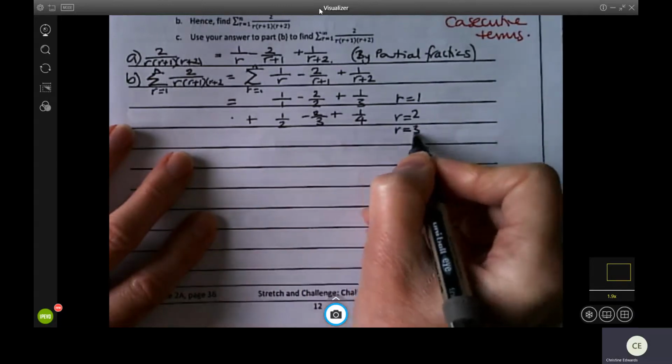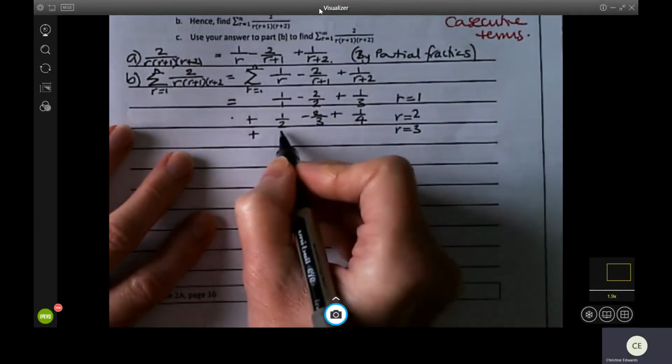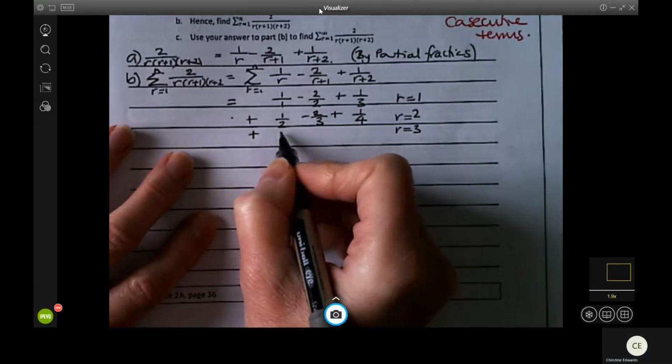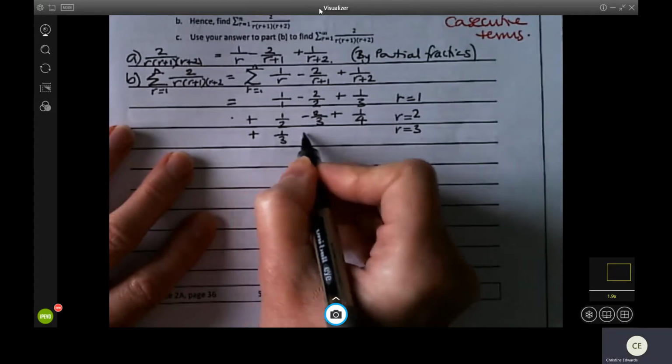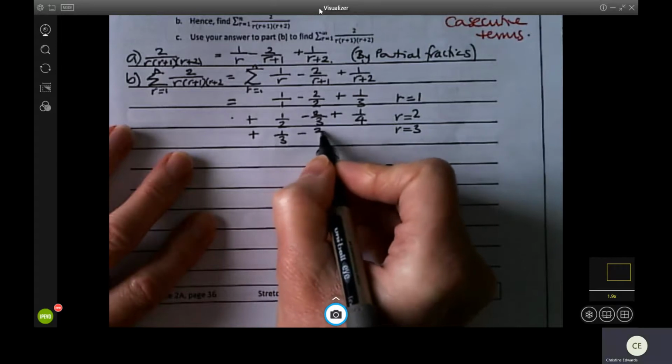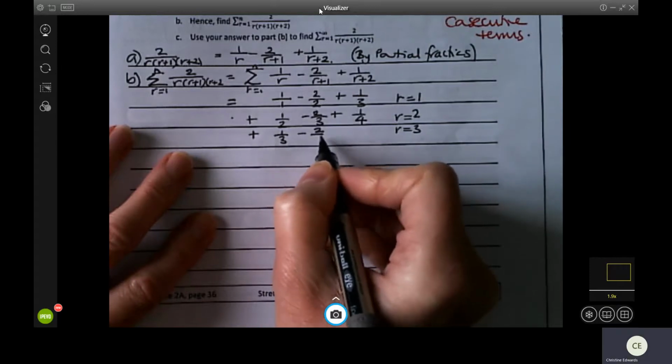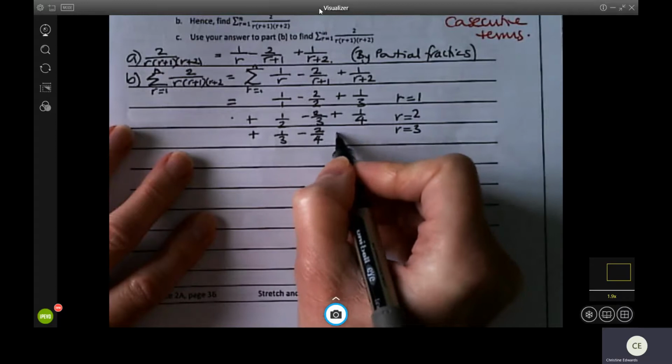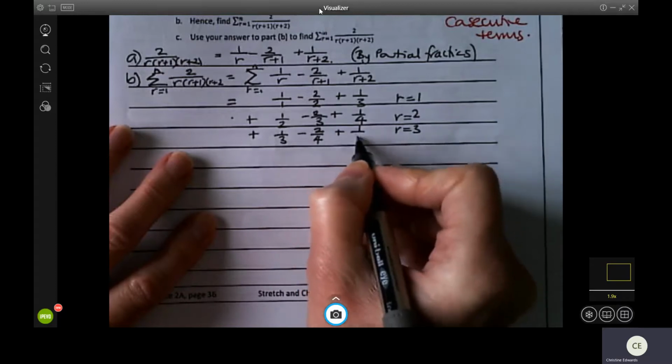R equals 3: 1 over 3 minus 2 over 4 plus 1 over 5.